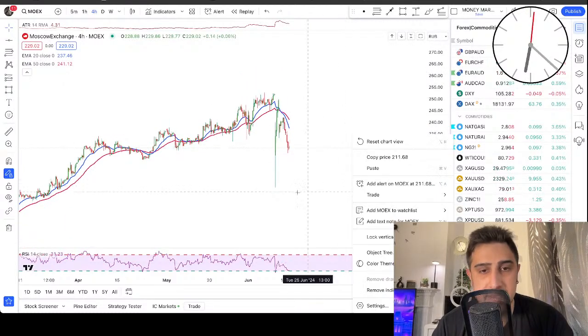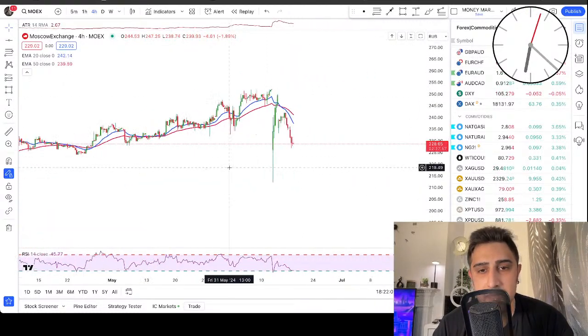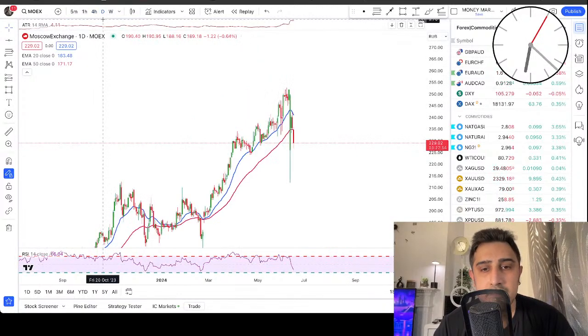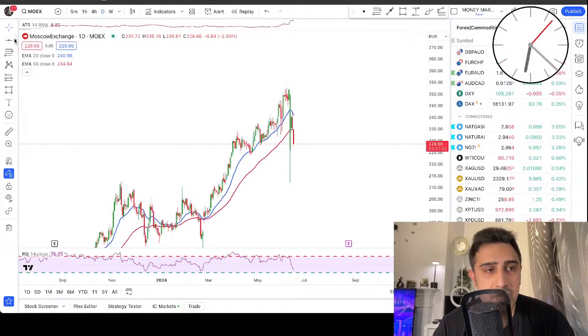So Flex, we have a nice uptrend. Looks like the trend is going to change now.